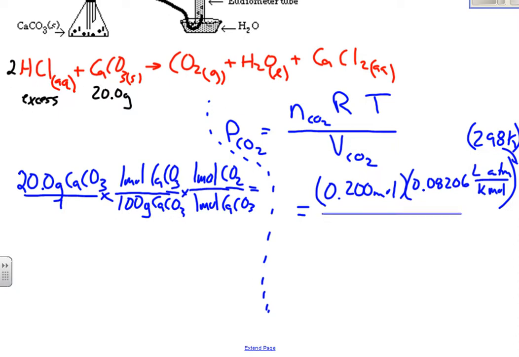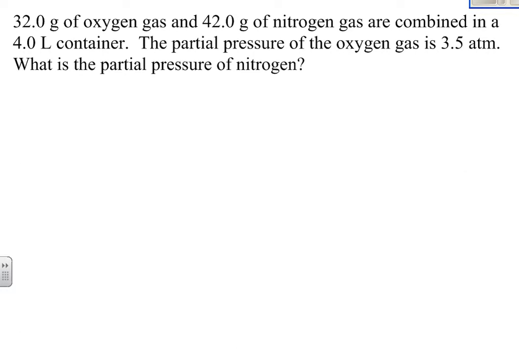All divided by our volume. Now here's the final type of problem that we'll discuss here, where we have two different gases combined in a container, and we want to figure out the partial pressure of one of the gases if we know the partial pressure of the other gas.